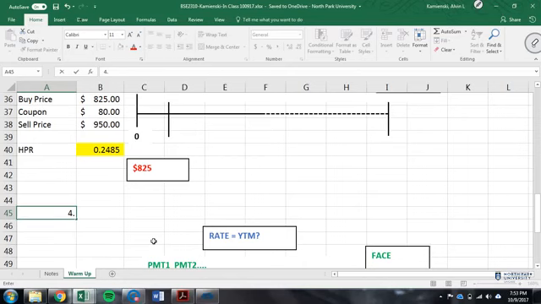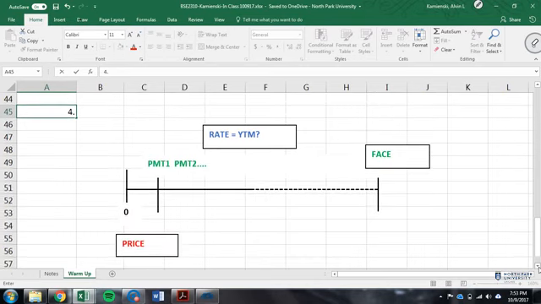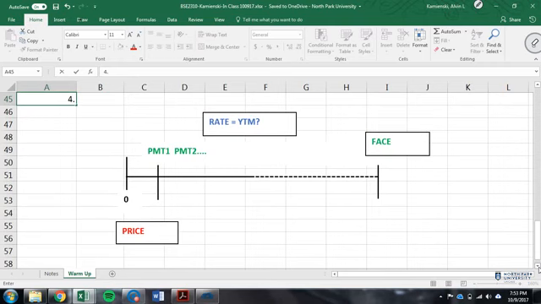Last problem then that we're going to do in terms of measuring bond performance, we're going to put our finance caps on and be finance people again and work with returns as being compounded and annualized. So the way a problem like this would work is, let's say you bought a bond for $825 2 years ago.